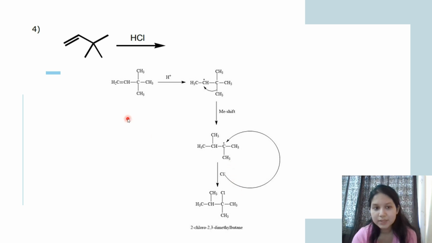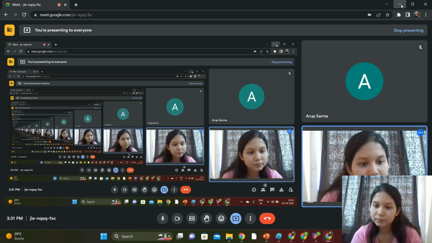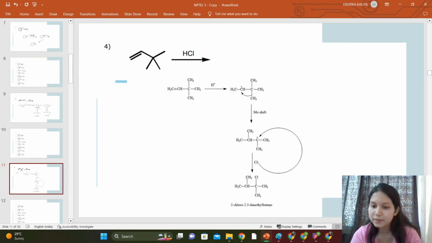And thus, for this substrate, you obtain a product which is 2-chloro-2,3-dimethylbutane. So this is also following the carbocation mechanism, but definitely the first carbocation you obtained got rearranged to a more stable carbocation. So I hope this is clear.